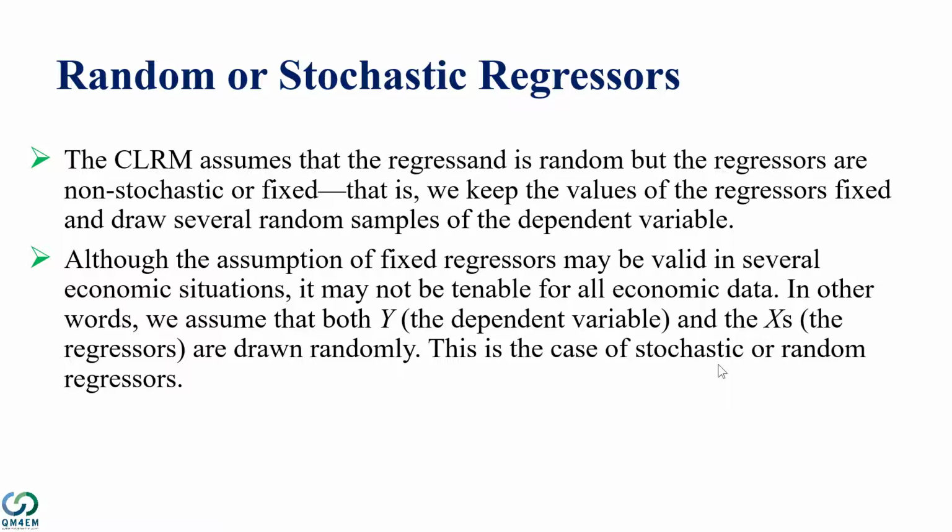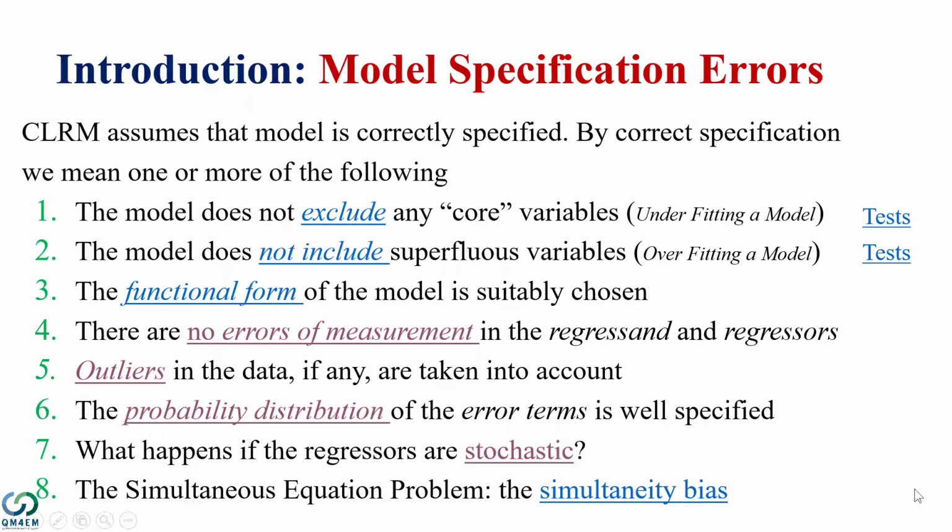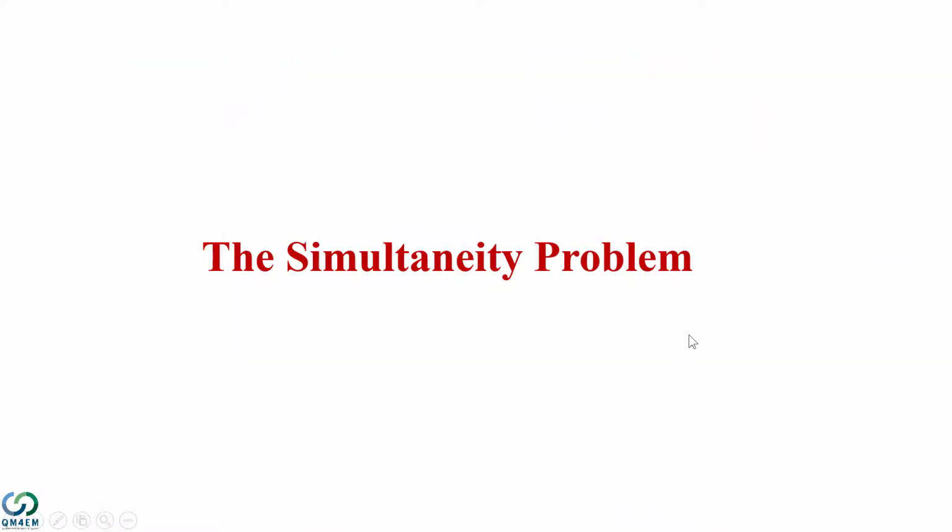So let me go back to the last model specification error, which is the simultaneous equation problem or simultaneity bias. So what is the simultaneity problem or simultaneity bias? Let me start with a very simple example from Keynesian economics.